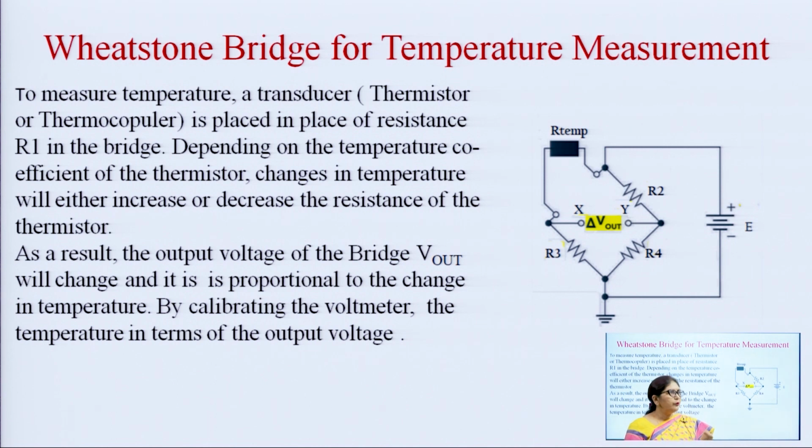Because this change in voltage is very low in value, suppose in microvolt or millivolt, we have to use an amplifier circuit to amplify that signal, and this way we can measure the temperature of any furnace or oven. Here we can calibrate this meter in terms of temperature, so it will directly read the temperature.